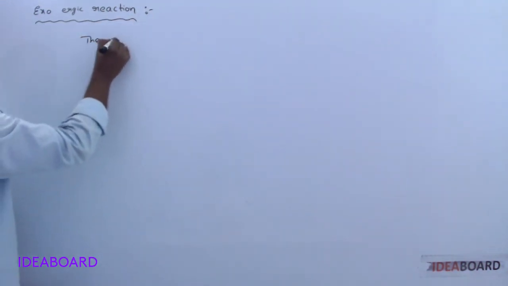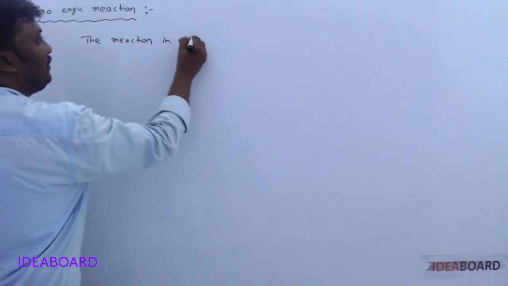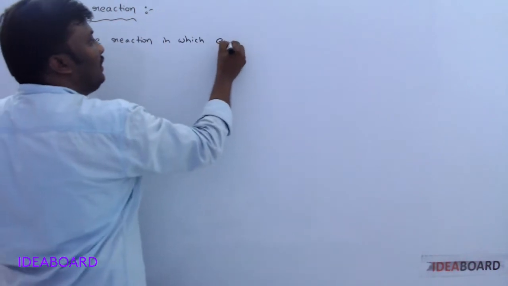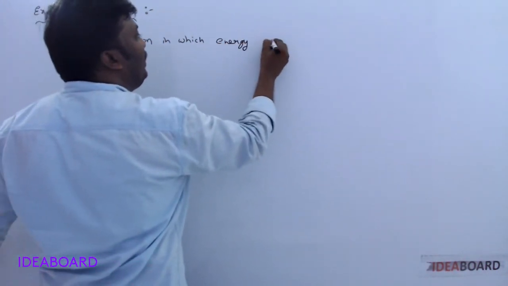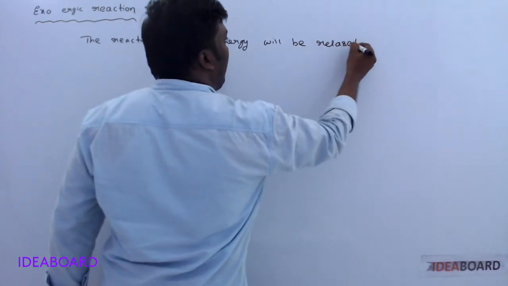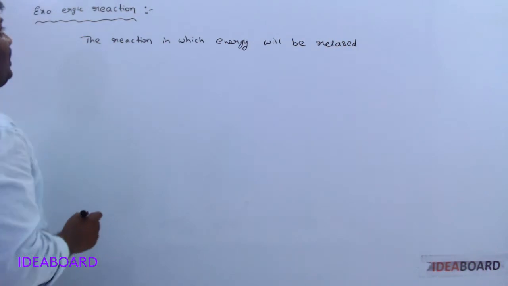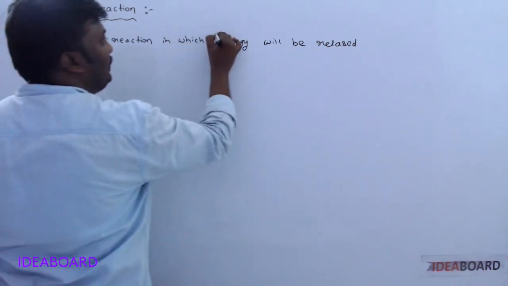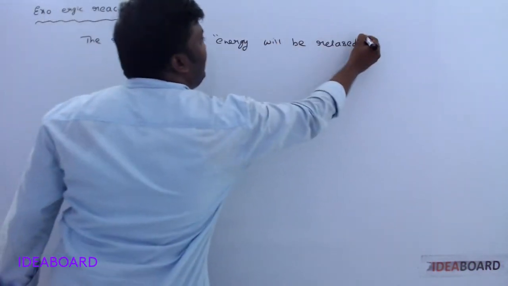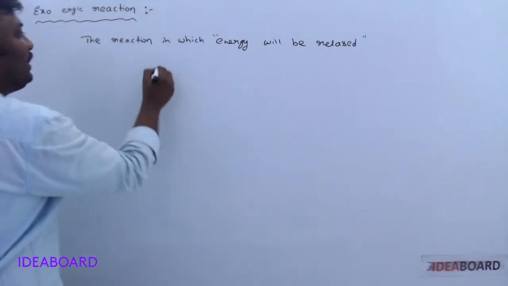In an exoergic reaction, the reaction in which energy will be released, then the reactions are said to be exoergic reactions. So in this process what happens? Energy will be released. Okay, let us take one nuclear reaction.